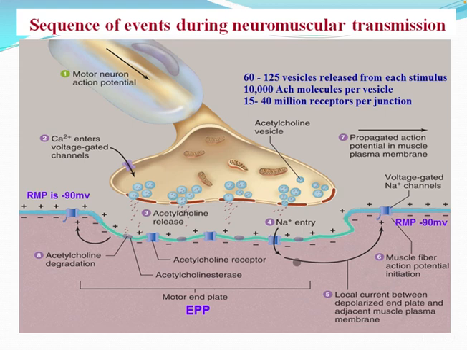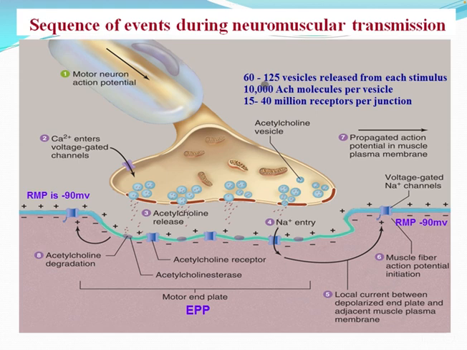This end plate potential, via local current, opens a large amount of voltage gated sodium channels, leading to sodium influx into the muscle and the generation of the action potential, which is propagated and later leads to muscle contraction.